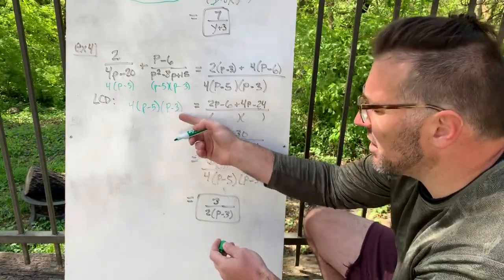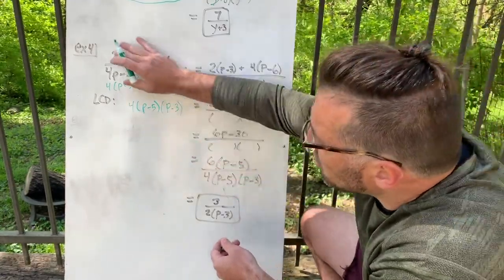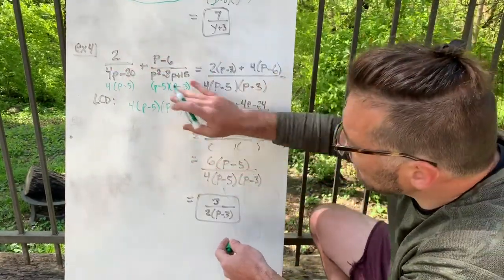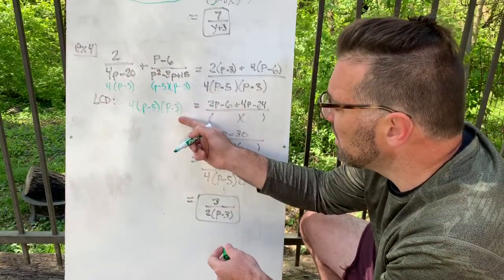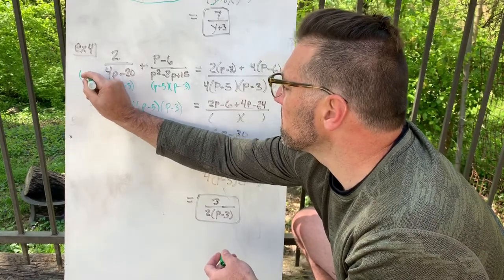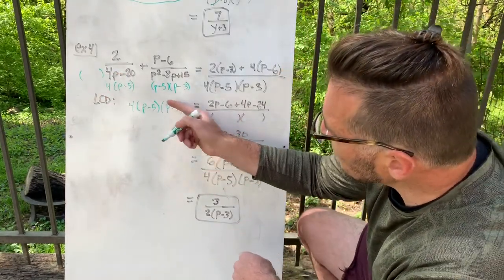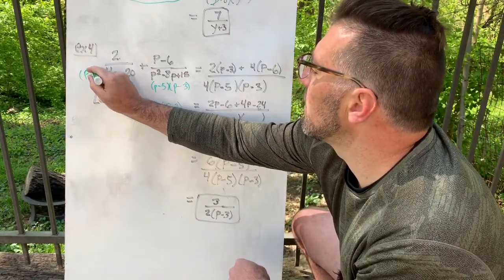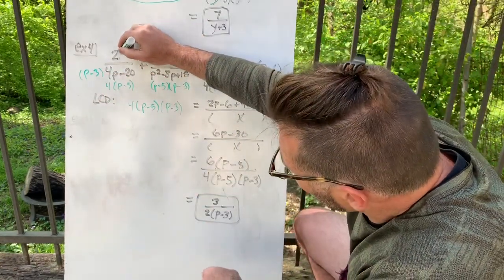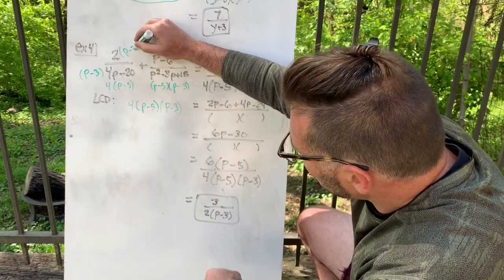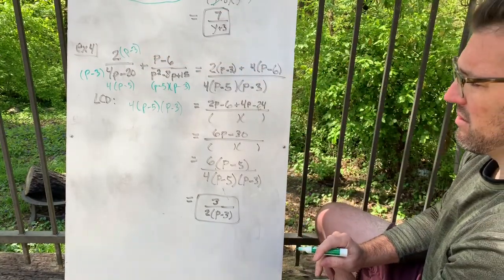Now we need to transform our fractions, right? So we have common denominators. What's this one missing from the LCD? Well, it's missing that p minus 3. So we need to multiply the bottom by p minus 3. We also need to multiply the top times p minus 3.